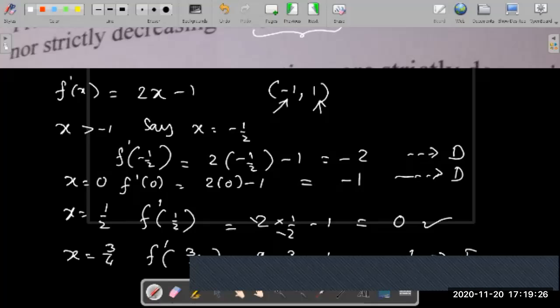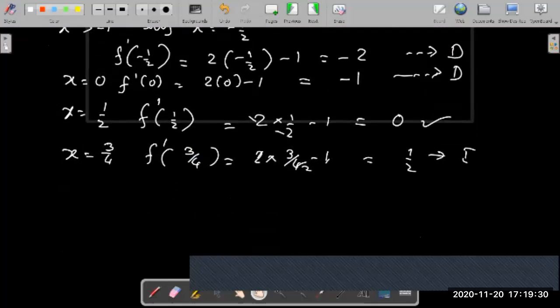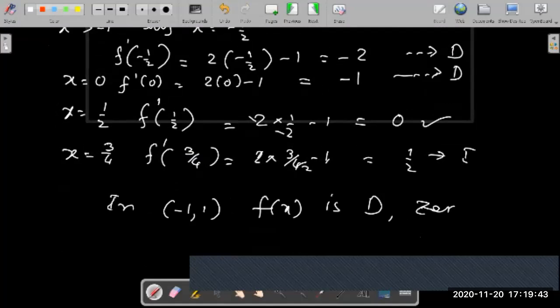So this is increasing. See, both are happening. That means in the interval minus 1 to 1, f of x is decreasing, 0, and increasing.